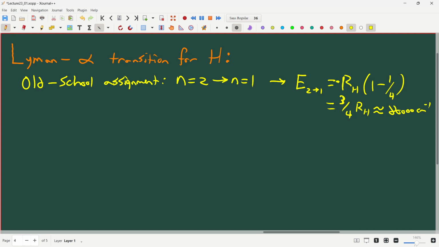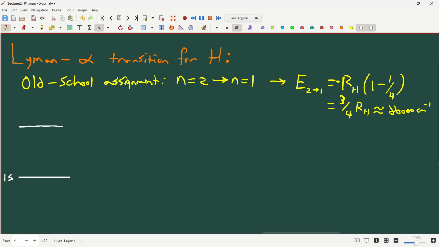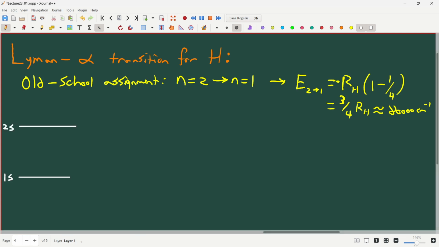But we have a more intricate way to measure this now. So we have the 1s state here at some energy level. And then there's the 2s up here. But remember, the 2p orbitals are in the same energy level.